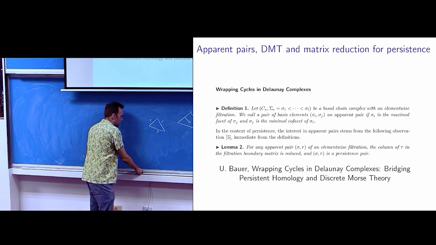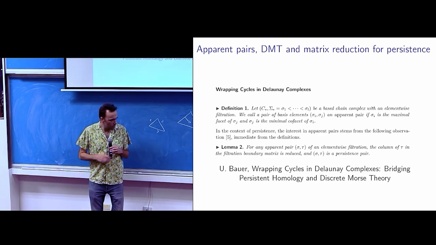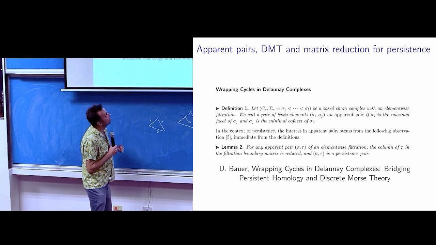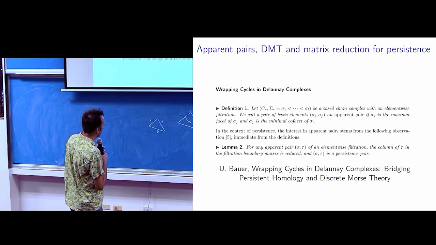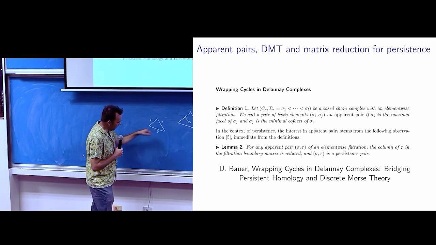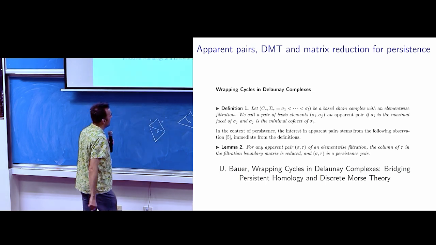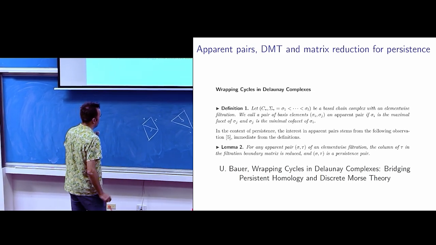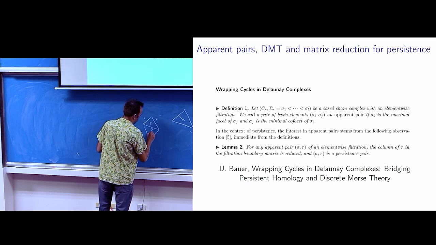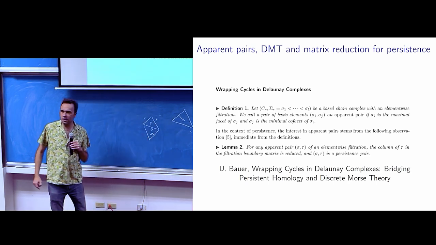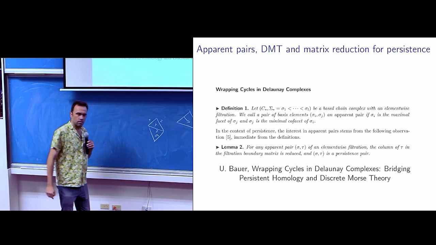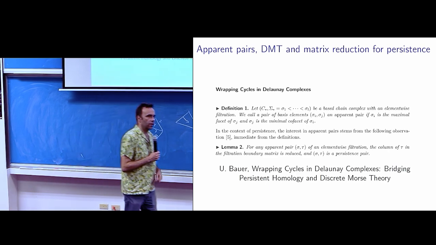It is born latest, right? So that's one condition. But there's this other one. If I'm looking at all the cofaces that this is incident to, this guy needs to be the youngest. And then and only then, we call it an apparent pair.